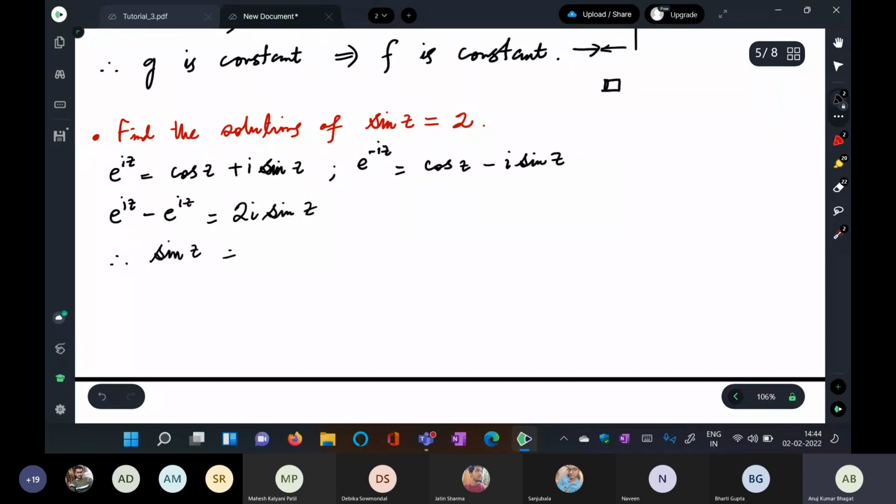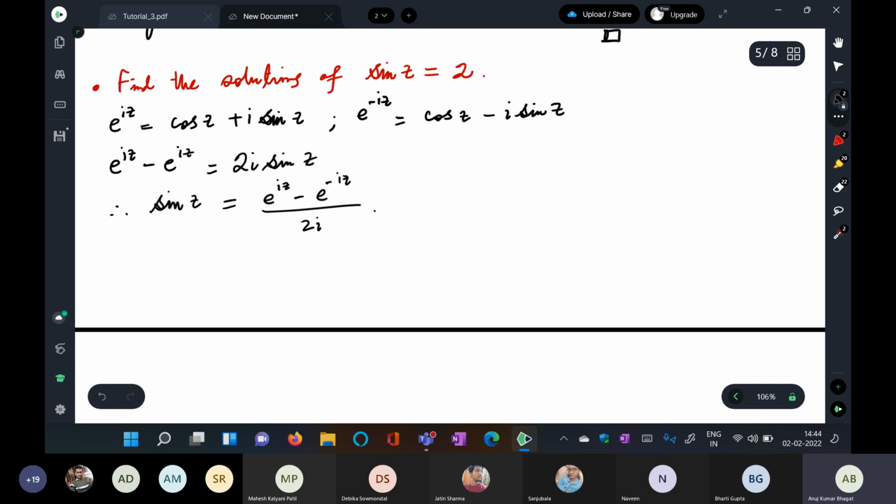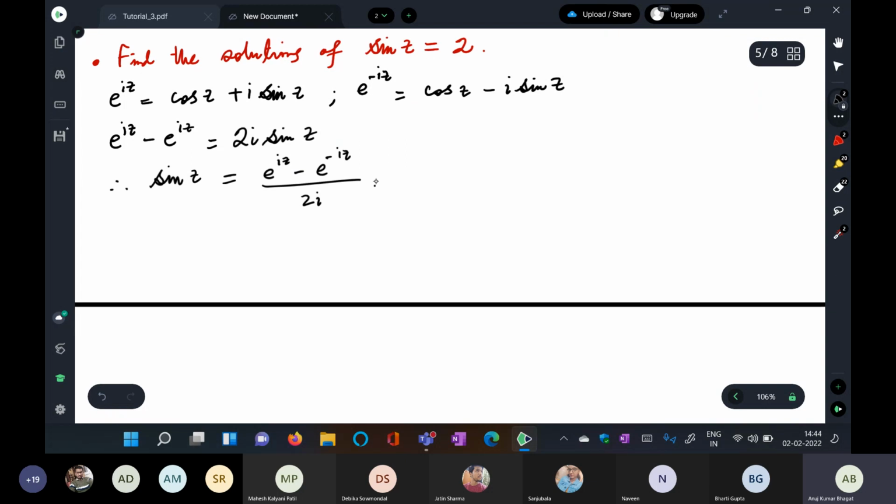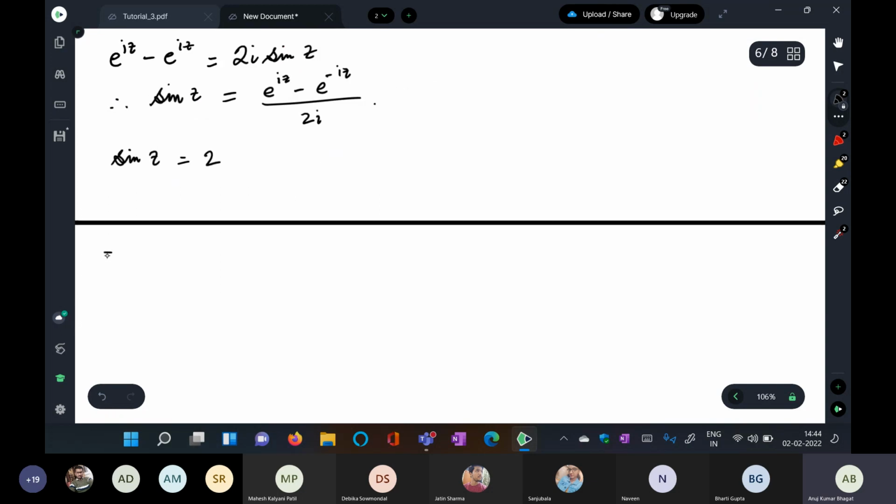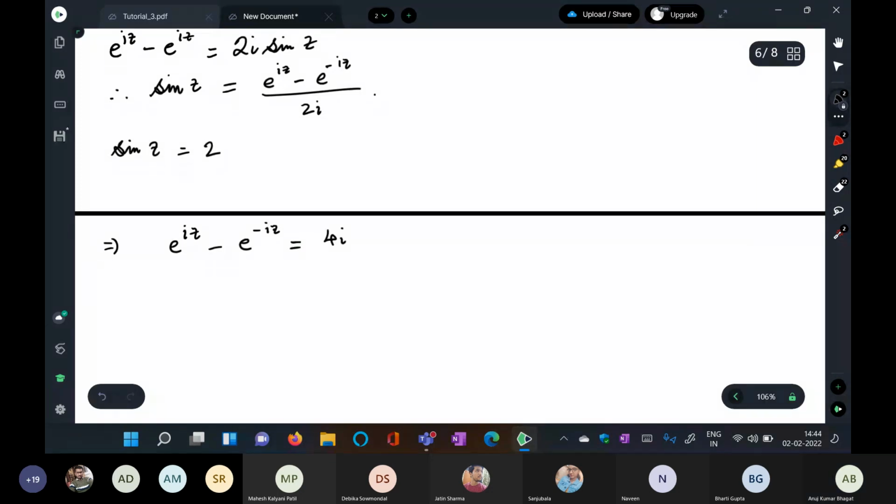This you should know also. Sin z is nothing but e to the power iz minus e to the power minus iz, divided by 2i. So sin z equals 2 will imply e to the power iz minus e to the power minus iz is equal to 4i.